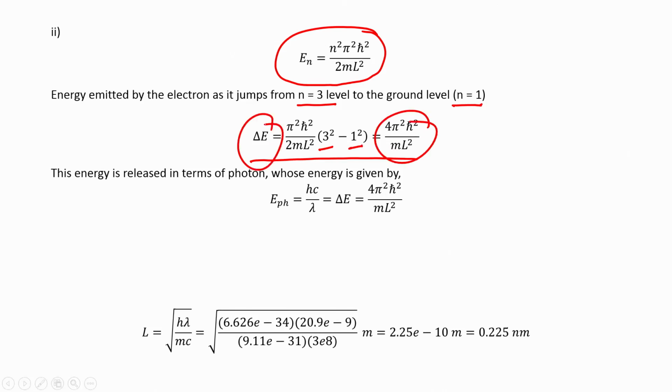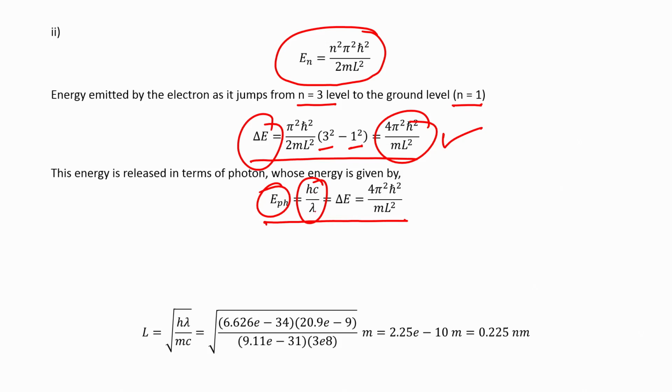Now, this energy is basically, as it emits a photon, this energy should be equal to the energy of the released photon. So the photon energy, E photon, is equal to hc by lambda, and that should be equal to the released energy.